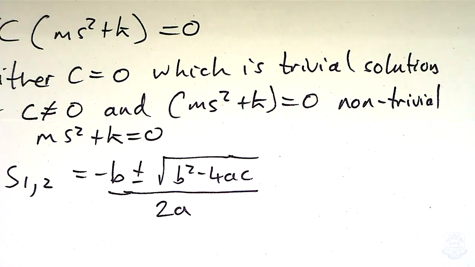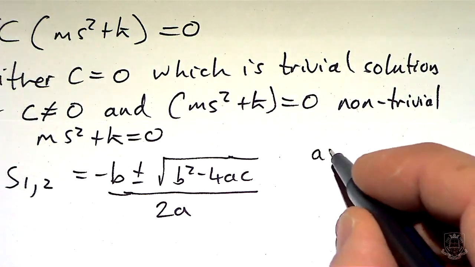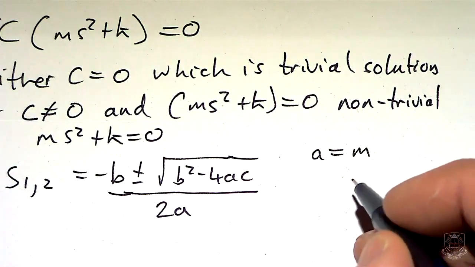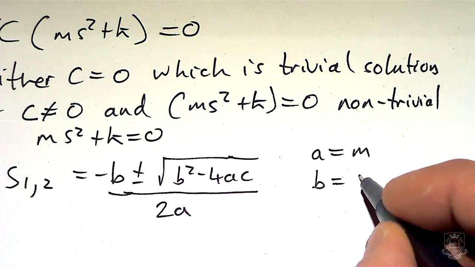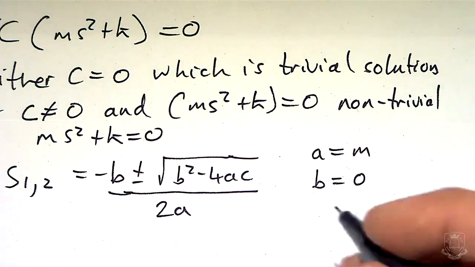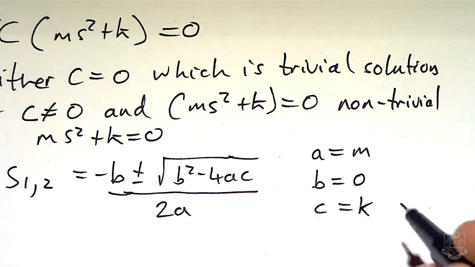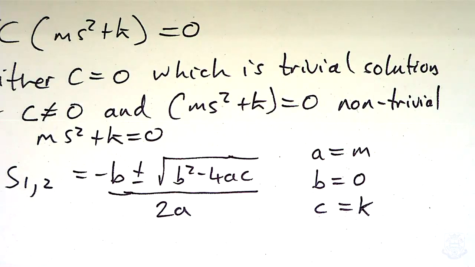Now, in our quadratic equation, what have we got? The a parameter is equal to the mass m. The b is 0, so we've got no coefficient multiplied by just s on its own. And the c coefficient, the small c, is equal to the stiffness constant for the spring, k.